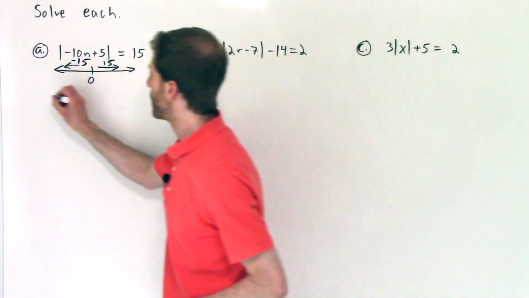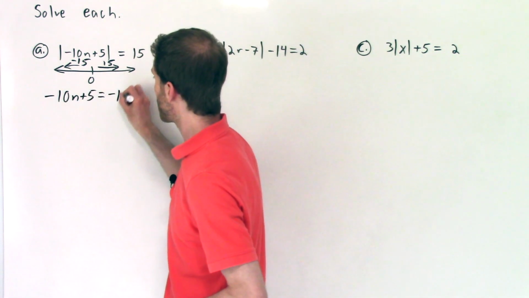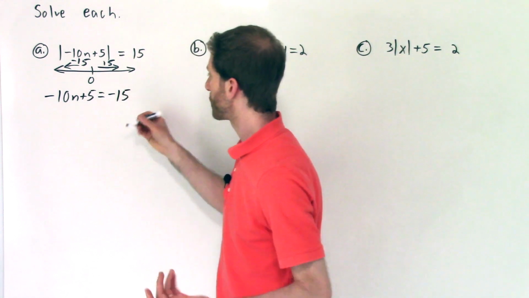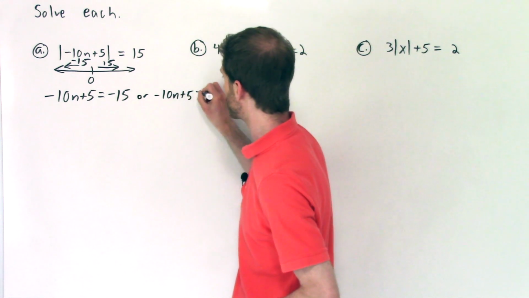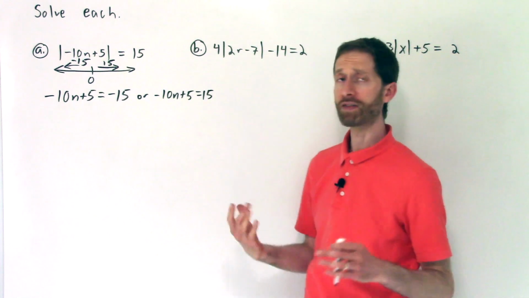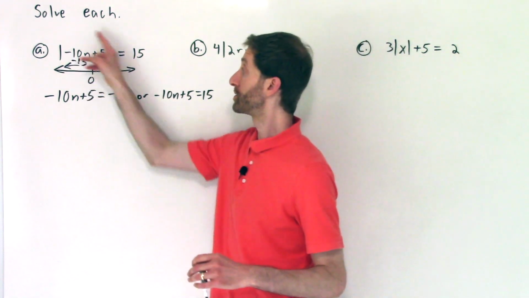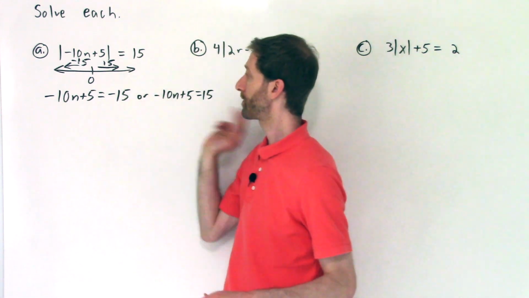Nice! So negative 10n plus 5 is equal to negative 15. Or negative 10n plus 5 is equal to positive 15. Again, the idea is that the distance that negative 10n plus 5 is from 0 is 15, 15 to the left or to the right.